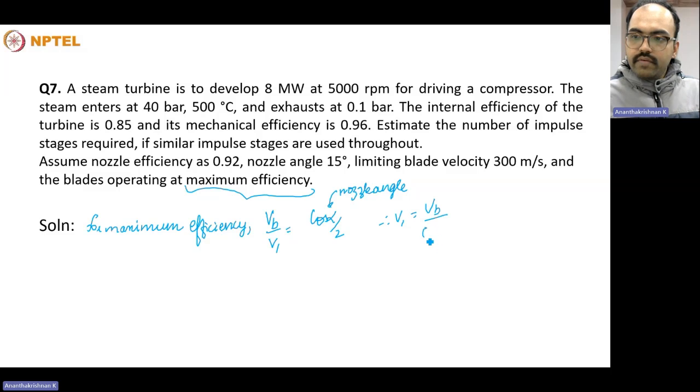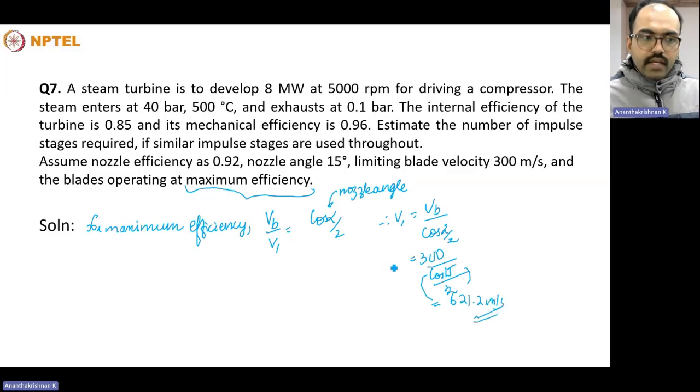V1 is equal to VB divided by cos alpha by 2. That will be equal to 300 divided by cos 15 divided by 2. Therefore, the inlet velocity is 621.2 meter per second.